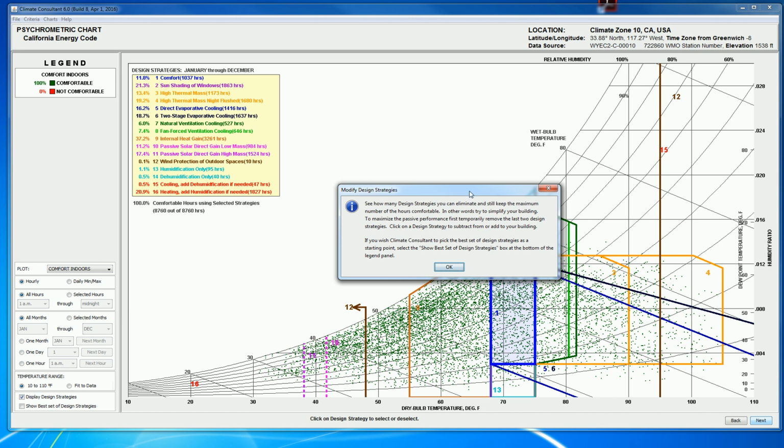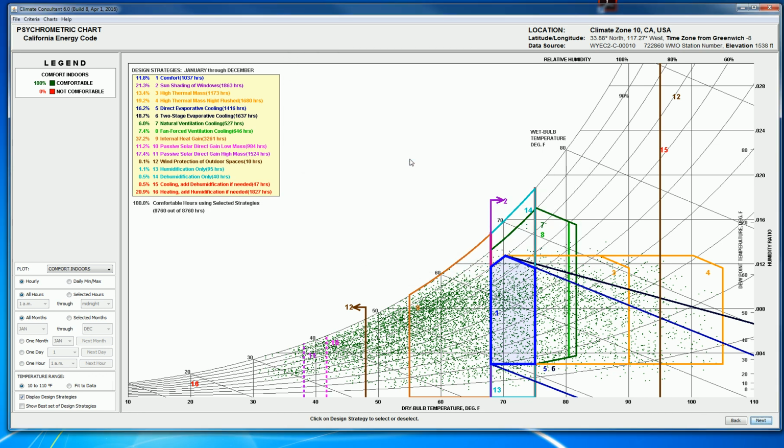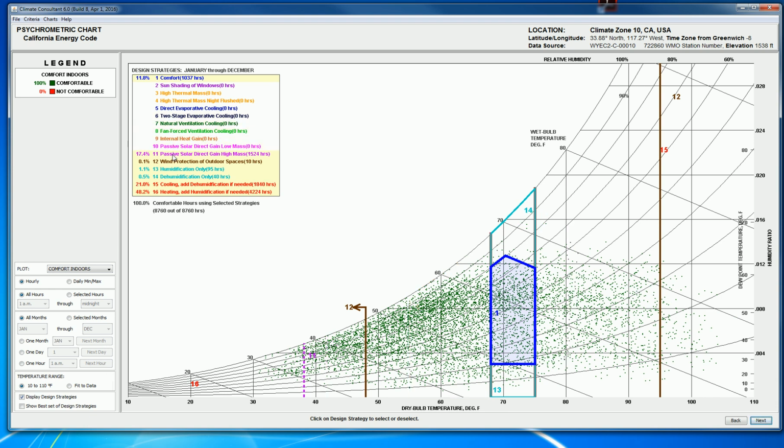And then finally we get to the psychrometric chart. Okay? So the psychrometric chart, if we turn off all of these choices on the other side, we turn off all this stuff, it's going to basically give us the weather picture showing all of the hours of the year, 8,760, versus the time frame of the year that's comfortable, which is 1,037.